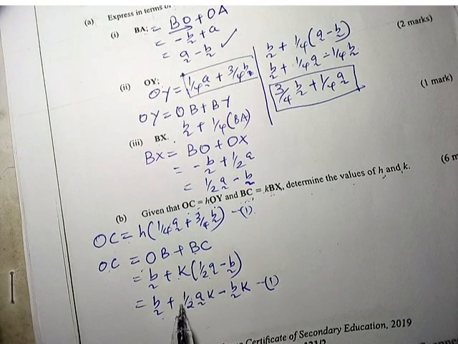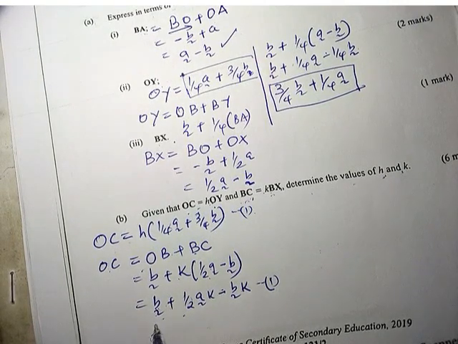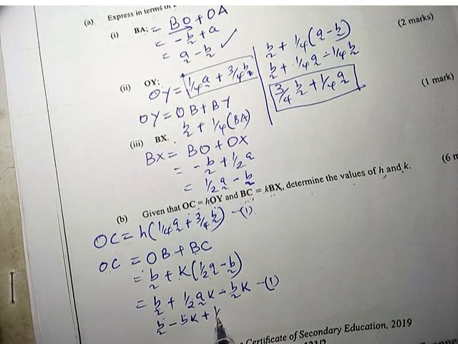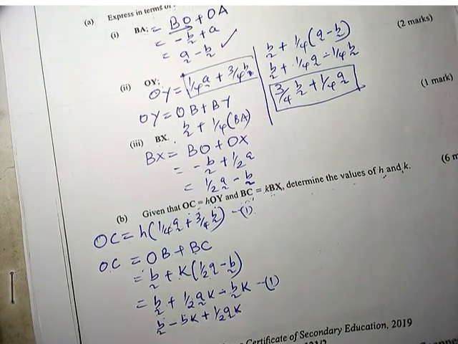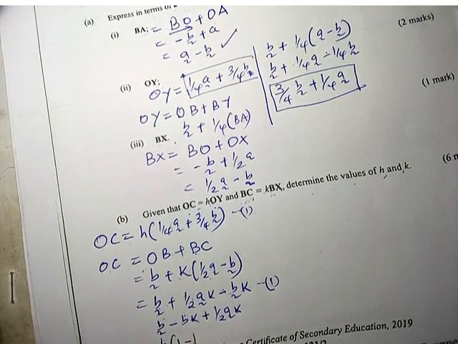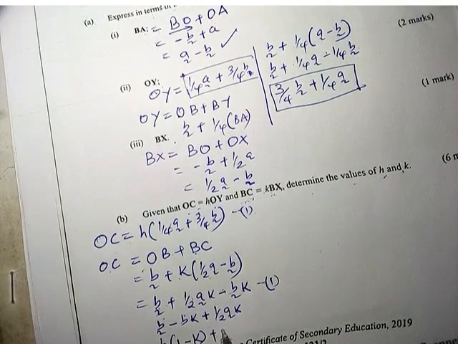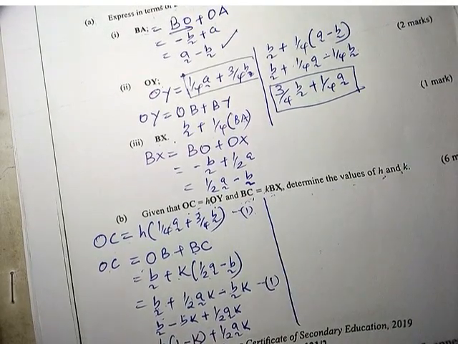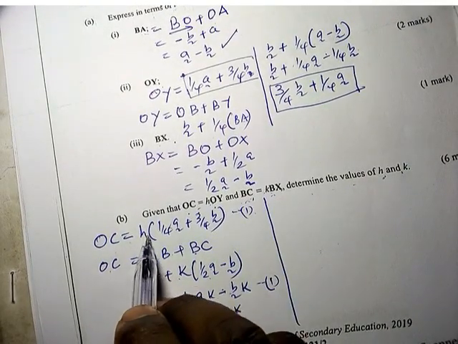But before I equate, I want to group, so I have B come here: minus BK plus a half AK. I want B to be outside, B common factor into 1 minus K plus a half AK. So now I have OC in this way, so I will equate this and this.